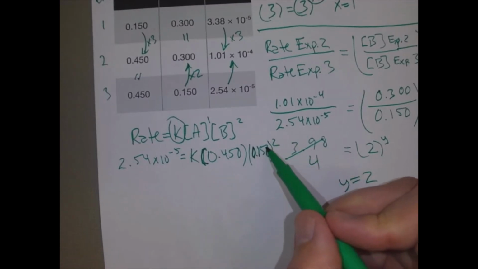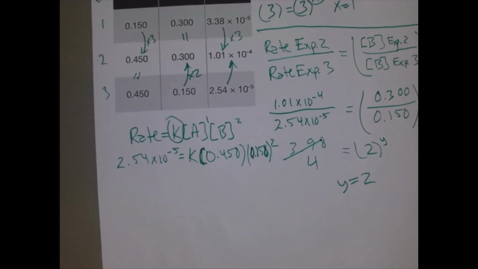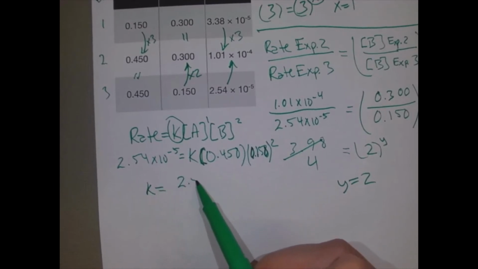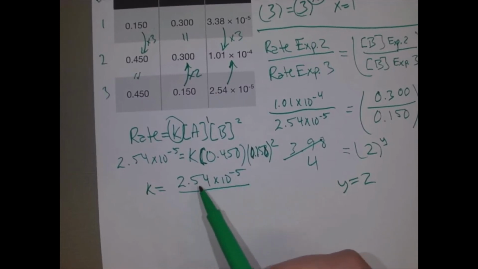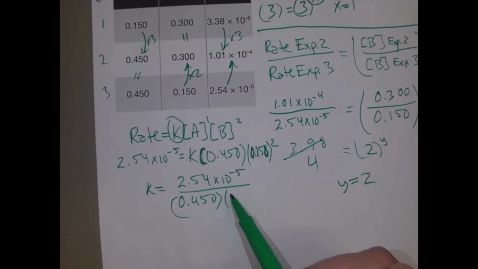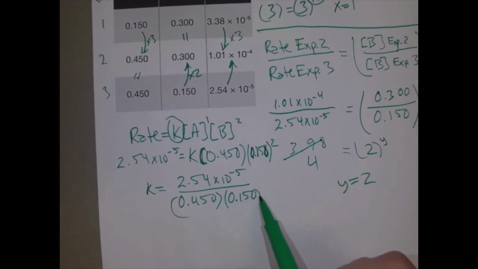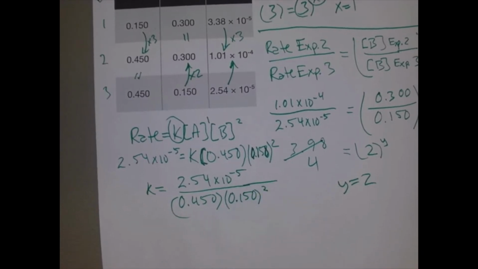Okay, so then you just isolate the rate constant, so you have 2.54 times 10 to the minus 5, and you divide that by 0.450 times 0.150 quantity squared. Okay, so then you just do the math.